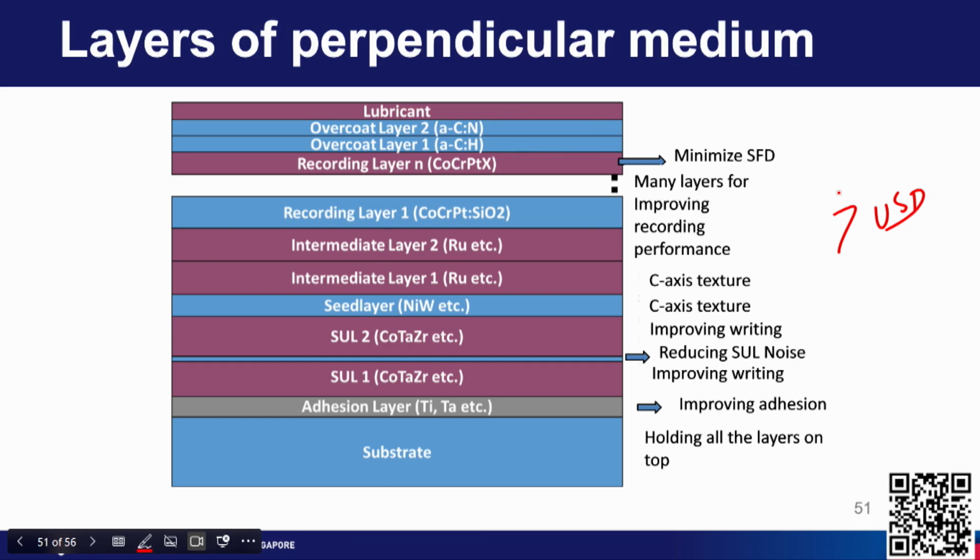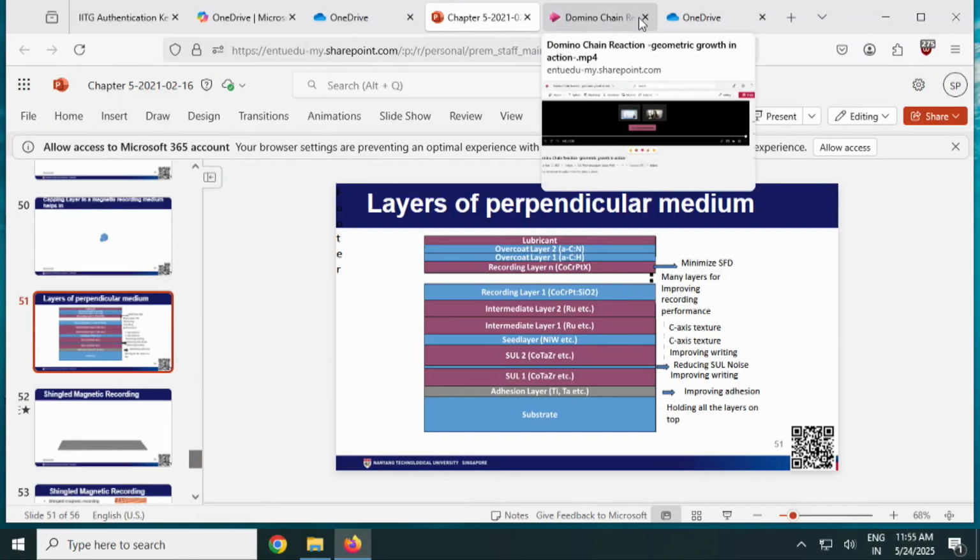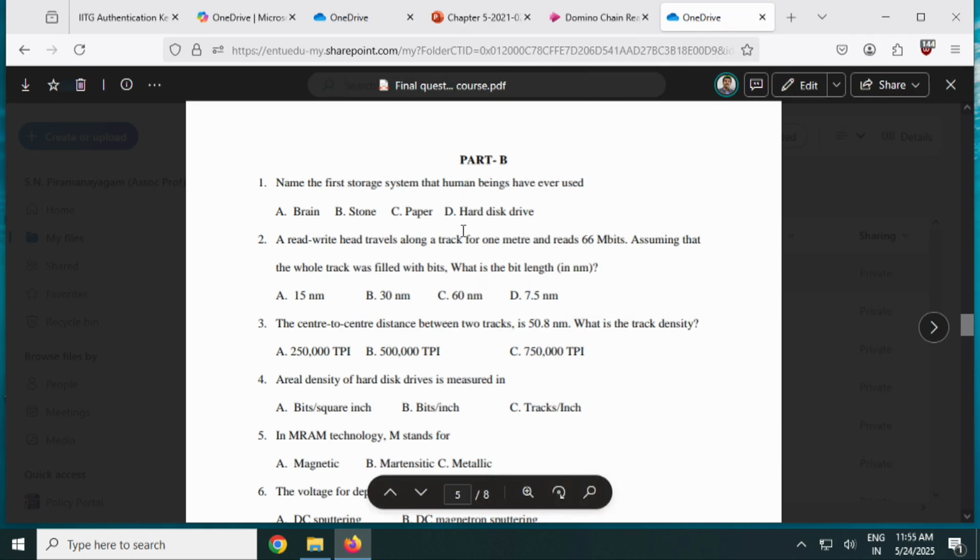Okay. So, with that we will move on to the next aspect, which is about the questions. So, you have part A and part B. Part B is set by me, part A is set by Subhankar and Atul. So, if you have a question in part A, you have to ask them. So, are there any difficult questions in part B?